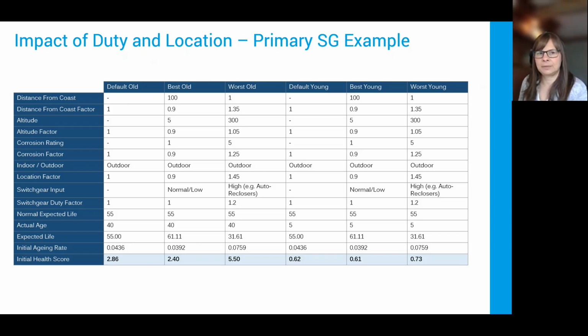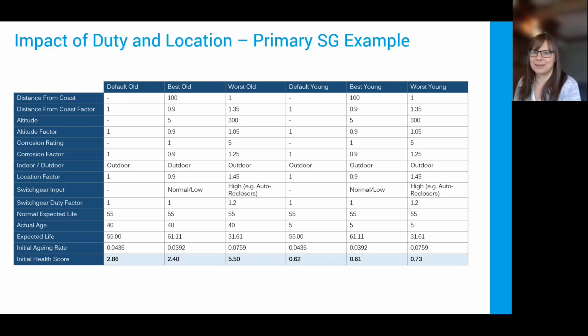It's usually quite easy to fill in the location data. The duty might be a bit more difficult. Best case scenario is 2.4 and the worst case is 5.5. So you can see how just by having this basic data can influence your starting position for your assets quite significantly. When it comes to the younger assets, there's not a lot of difference really.